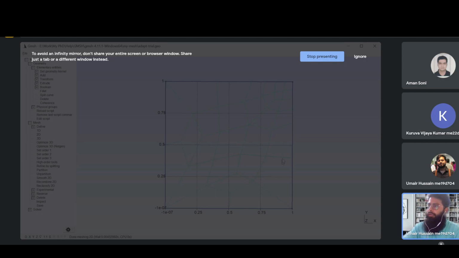You see, at this point we defined a smaller mesh size, and at the rest of the three points we defined a larger mesh size. So you see the mesh reduces here.